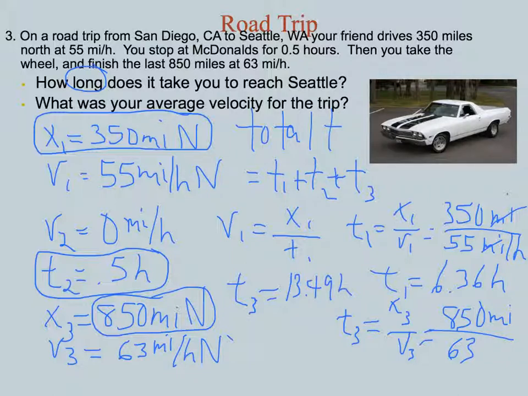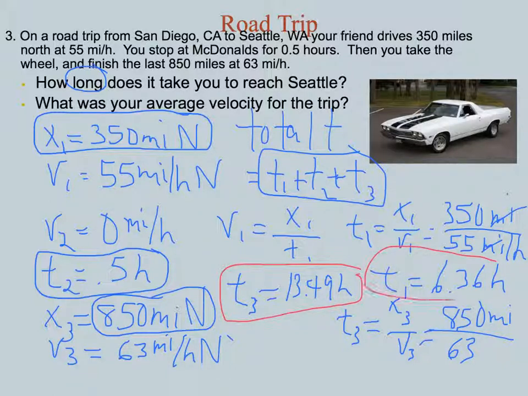All right, do we have enough for this? Well, let's see. We have T3, we have T1, and we have T2. So all I would have to do here is add them all up.